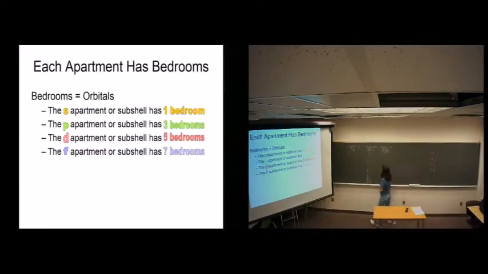So how are we going to give a number to go with each of those orientations in space? Well, the way we're going to do it is we're going to say whatever L is, it's going to go from minus L to 0 to positive L. That'll help us come up with those numbers. So if S is 0, L is 0, then minus 0 to 0 to 0, that's still 0, right? And how many bedrooms are there in the S? The S orbital is just 1. So we're going to call that 0.